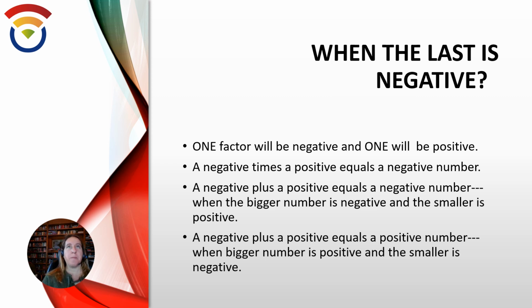If we're looking for a positive in the middle, the bigger number is positive and the smaller is negative. You'll notice there's a lot of different combinations. This is why it's called trial and error. You're probably not going to guess right the first time. You might have to use FOIL to double check and try again. But the more you practice, the easier these become.